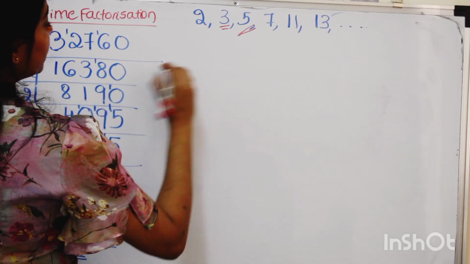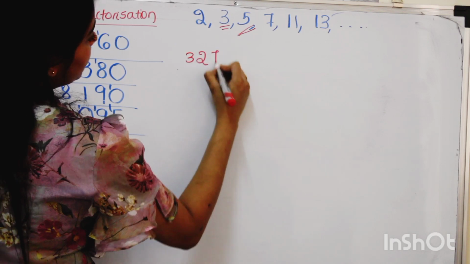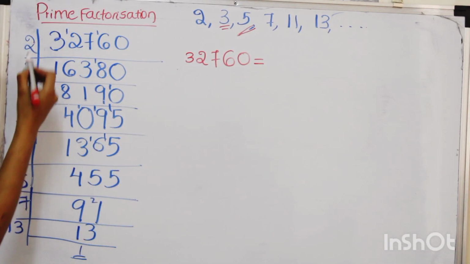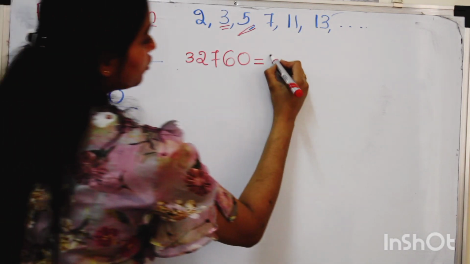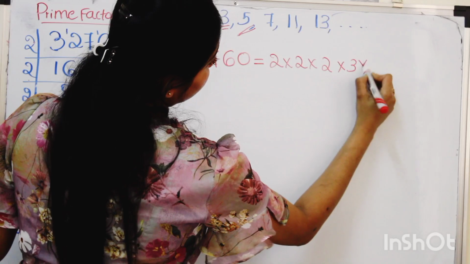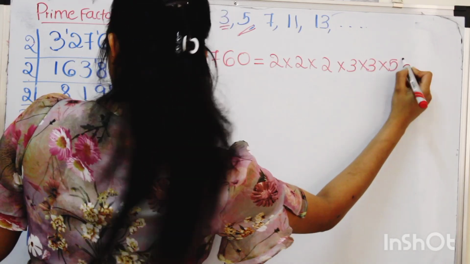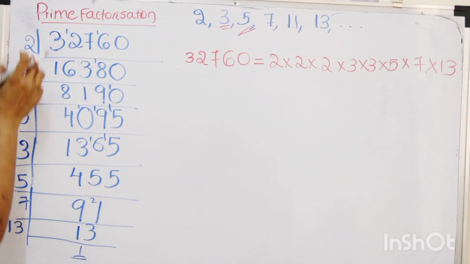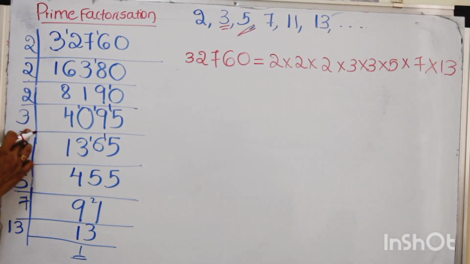We took 32,760. So this can be written as 2 into 2 into 2 into 3 into 3 into 5 into 7 into 13. So you got the value 2 into 2 into 2 into 3 into 3, 5 into 7 into 13.